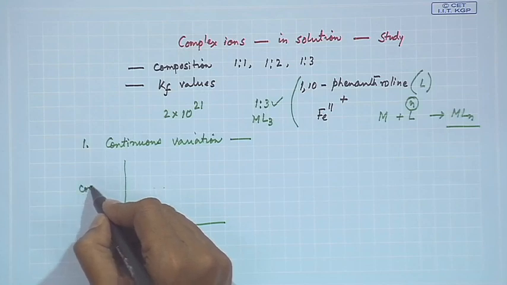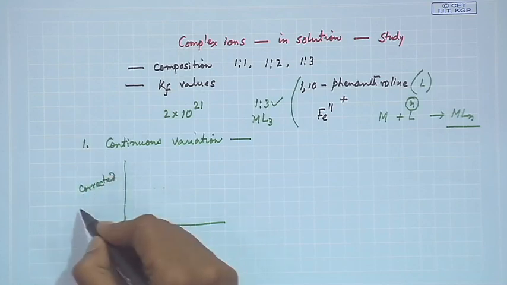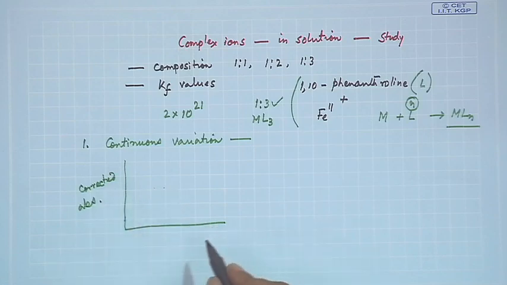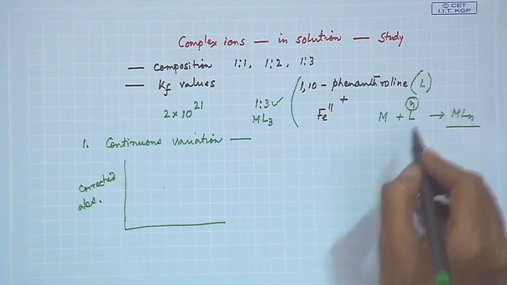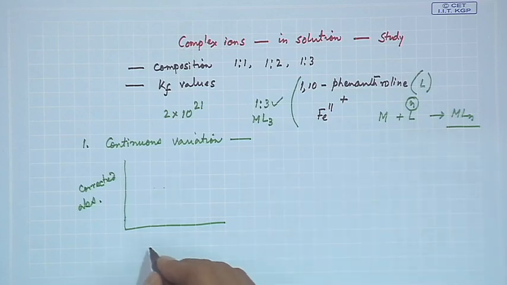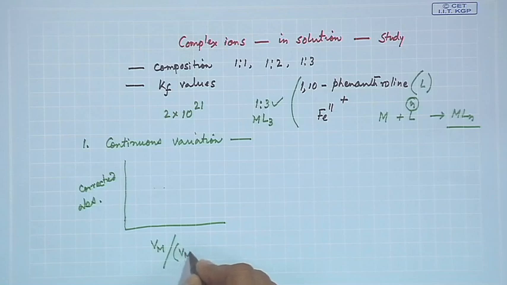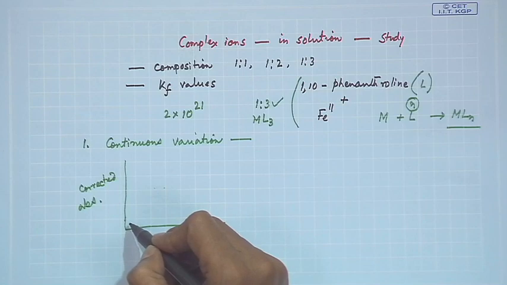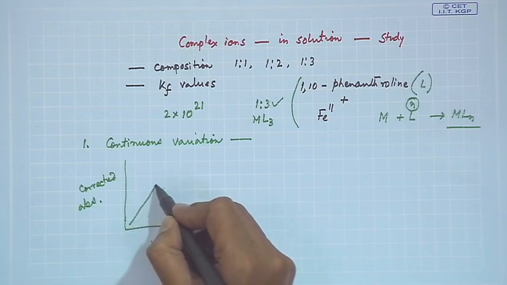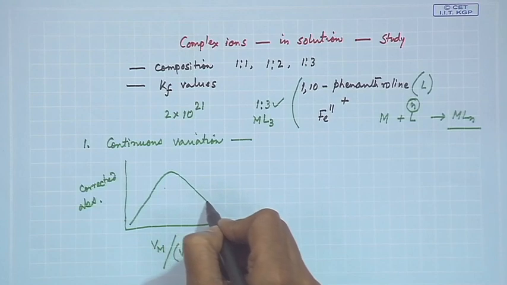In this case, what we plot is corrected absorbance against the volume of M and the volume of L; that means we plot the volume fraction, the volume of the metal ion divided by the total volume of the metal ion plus the ligand. We see how the volume of the metal ion changes the absorbances. So, this will go like this, and then it basically decreases.